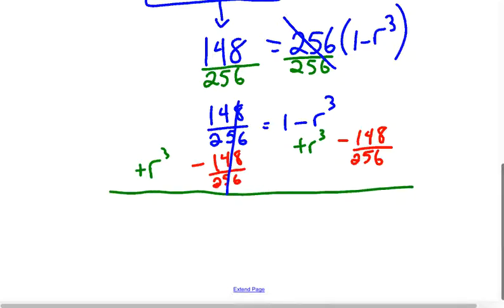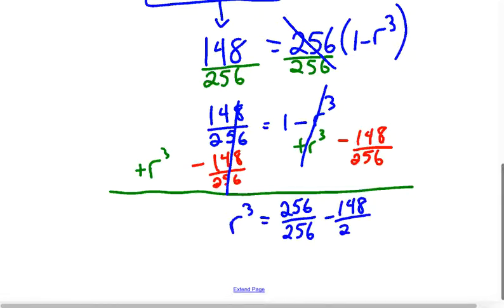Eliminate what I can. I've got r to the third equals 256 over 256, there's the 1, minus 148 over 256. R to the third, therefore, is going to equal 108 over 256.